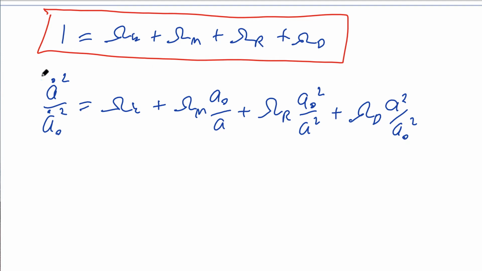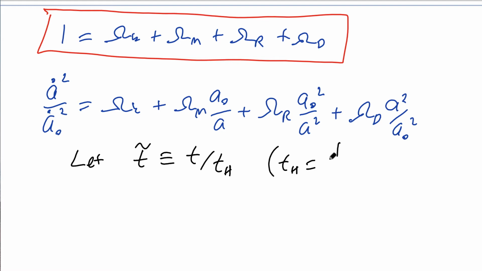Now in this differential equation, the independent variable is the cosmic time t, and the dependent variable is the scale factor a. So I'd like to introduce dimensionless versions of these independent and dependent variables. So first, for the independent variable, let's define t tilde to be t divided by the Hubble time, t sub H. So recall the Hubble time, t sub H, is just 1 over the present value of the Hubble parameter.